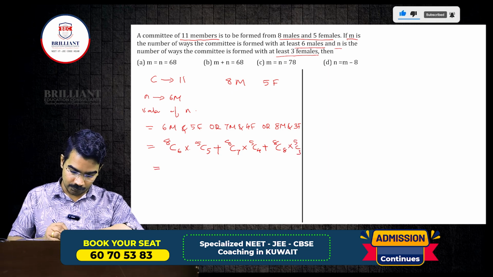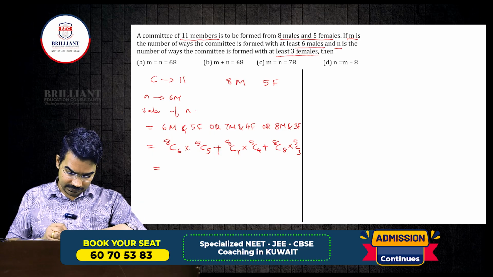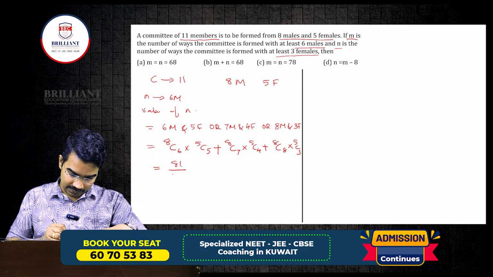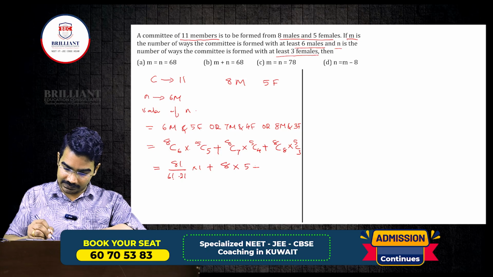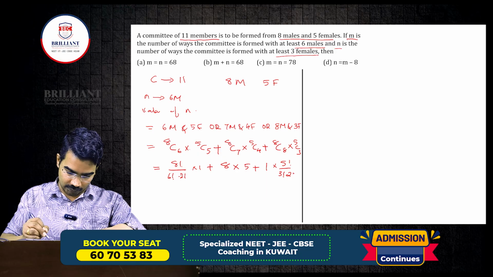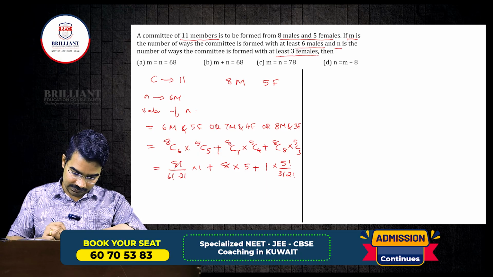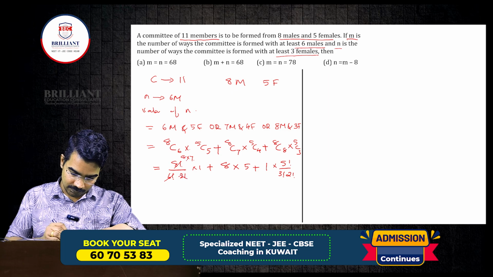This will be equal to 8 factorial by 6 factorial into 2 factorial, into 5C5 is 1, plus 8C7 is 8 only, into 5C4 is 5 only, plus this is 1 into 5 factorial by 3 factorial into 2 factorial. So 8 factorial and 6 factorial will cancel, leaving 8 into 7 by 2, so this will be 4.